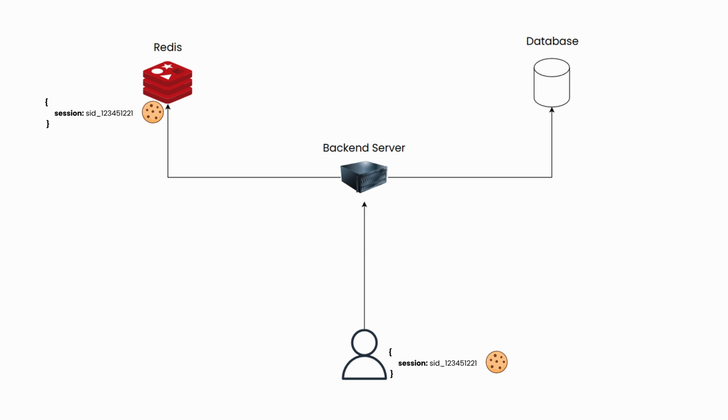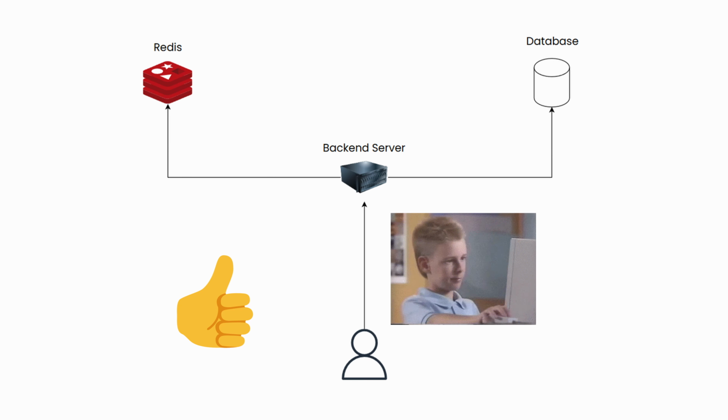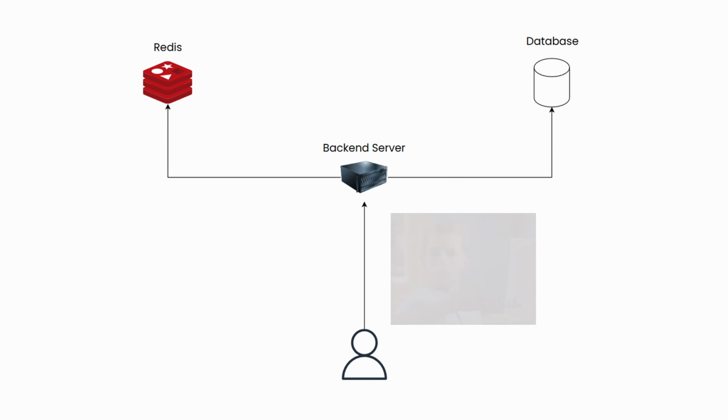Whenever a user wants to access a protected route, that session key is automatically sent with every request to the backend, and it is validated by the backend server by checking if that session key is stored in Redis. If it is there, the user would be successfully directed to that protected route because they've already been successfully authenticated and their session key is stored in cache.